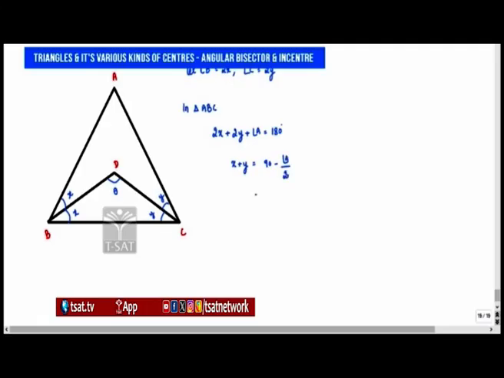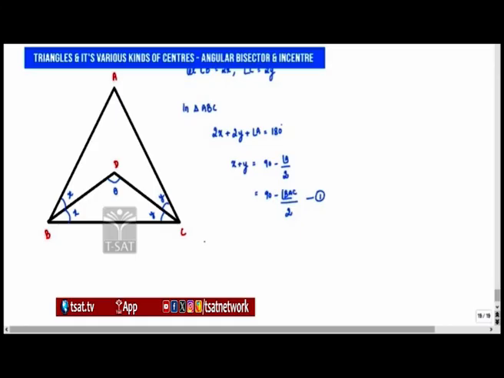This angle A, sometimes you also refer to as angle BAC. Remember it as equation 1. It's very important in upcoming derivations. Remember that x plus y is equal to 90 minus angle A by 2, or else angle BAC by 2. Both of them are the same here.